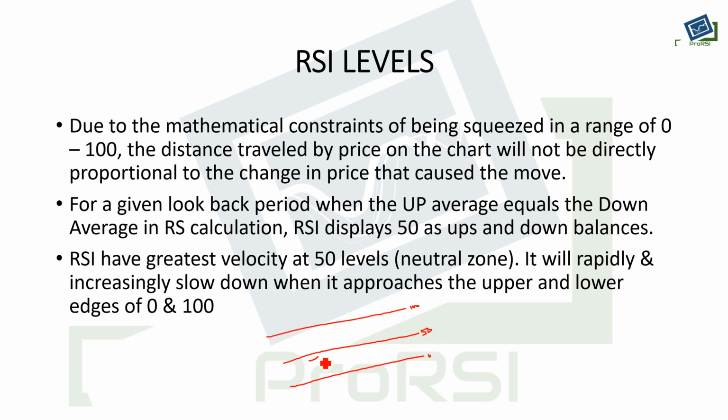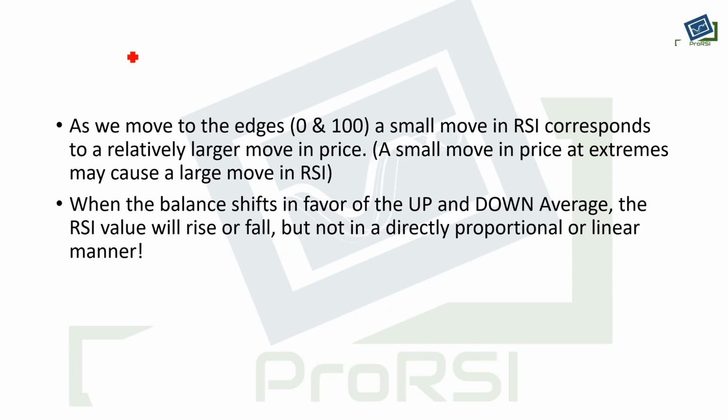As RSI crosses the 50 level and starts moving toward the 100 level, the move of the RSI will slow down in comparison to the move of the price. As we move to the edges, 0 and 100, a small move in the RSI corresponds to a relatively larger move in the price.